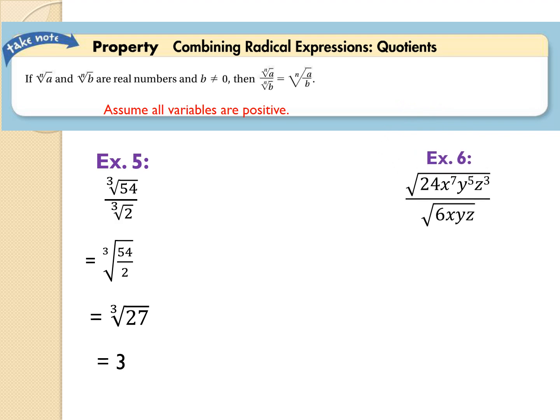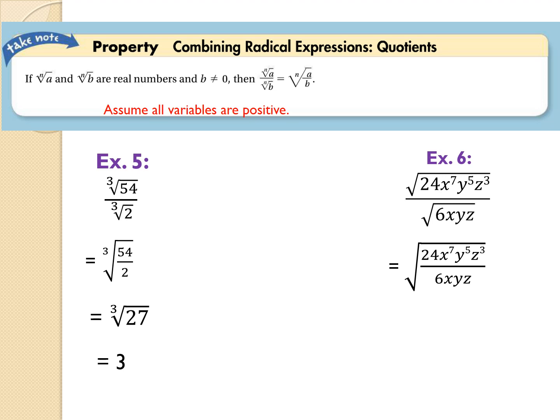Okay, let's look at example 6. Well, 6 goes into 24, and I can probably clean up those x's, y's, and z's. So let's combine that into the square root of 24 x to the 7th, y to the 5th, z cubed, divided by 6xyz. Now, I know 6 goes into 24 4 times.